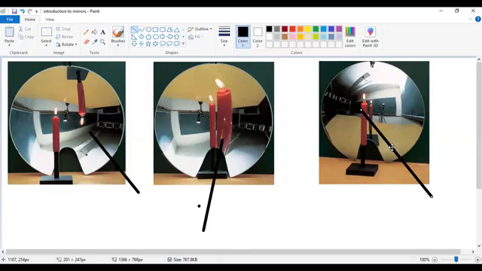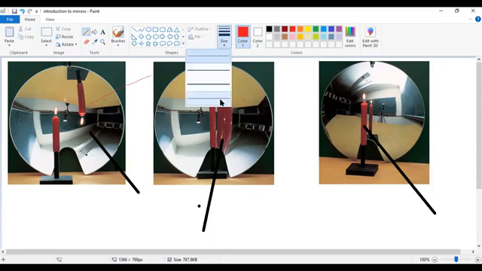Especially if you go to any fete or fair, you have certain games regarding mirrors in which, if you are standing in front of a mirror, your image will be either upside down, that means your head will be down while your feet are observed upward.